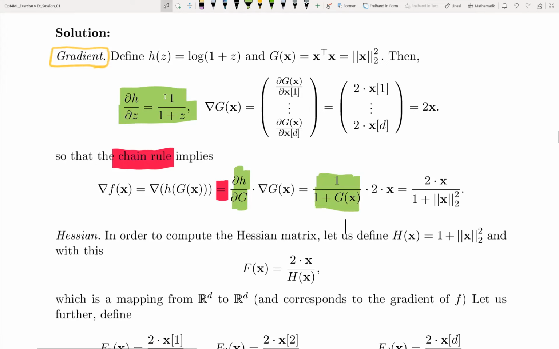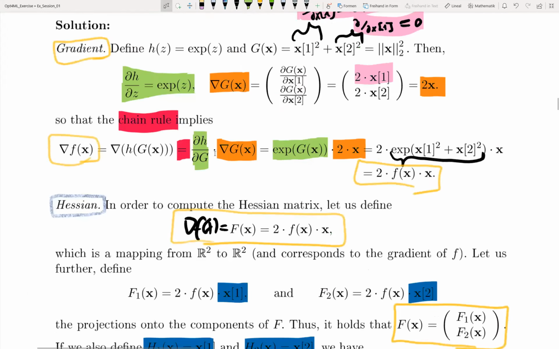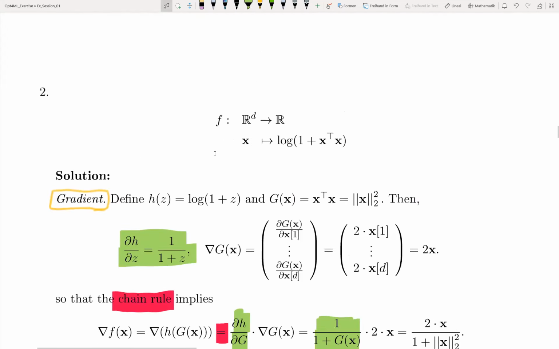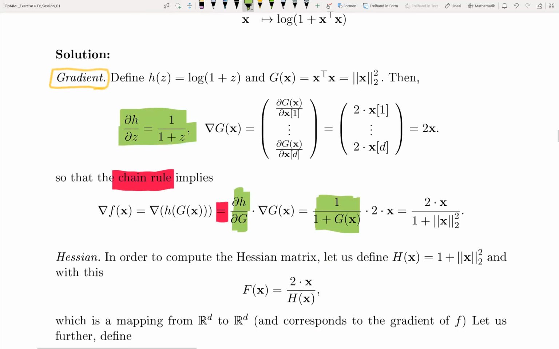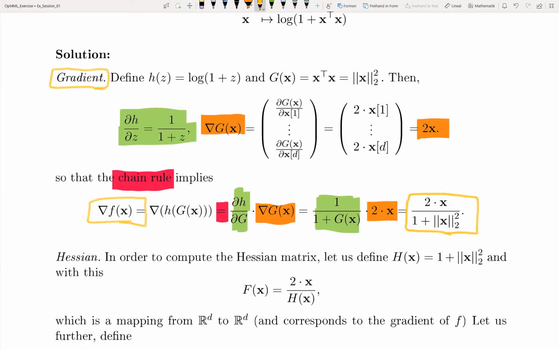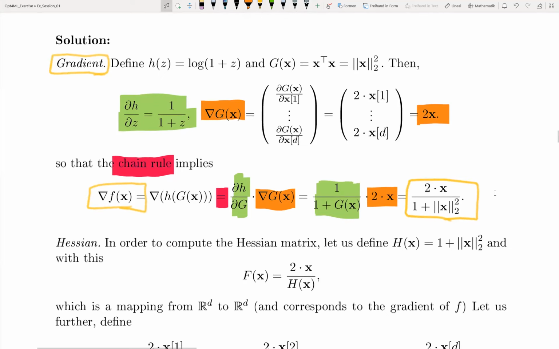Just to have it in line with what we had before, orange was the color. We have this one, and we can compactly write the gradient as 2 times the vector x divided by 1 plus the Euclidean norm, or if you like, also x transpose x, the inner product of x with itself.